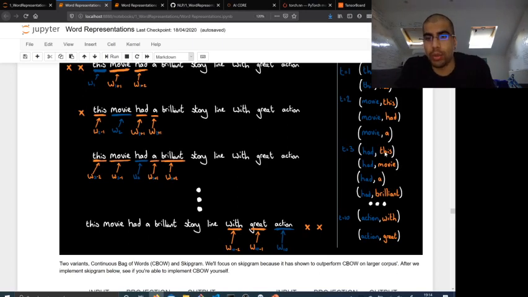But let's say your ground truth is "movie", but your network predicted "brilliant". Now your network is going to optimize to say, oh, this prediction was quite far off. We actually wanted the word "movie", so let's move our weights closer for the input word, closer to predicting the word "movie".